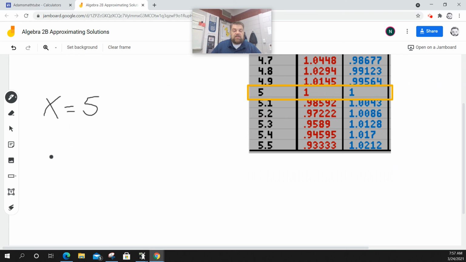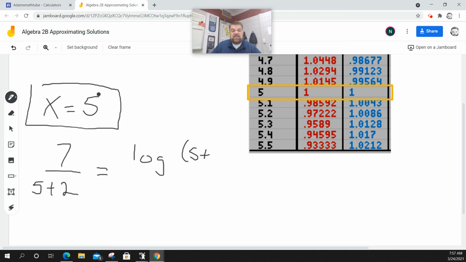So if I say 7 over x plus 2, which is really 5 plus 2, that should be equal to log of x plus 5, which is really 5 plus 5. So x equaling 5 is the answer, but I want you to see why.